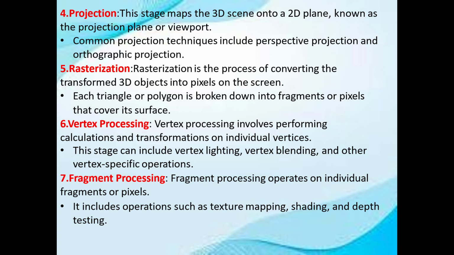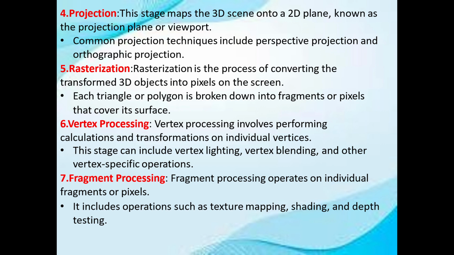Rasterization. Rasterization is a process of converting the transformed 3D objects into pixels on the screen. Each triangle or polygon is broken down into fragments or pixels that cover its surface. Vertex processing. Vertex processing involves performing calculations and transformations on individual vertices.